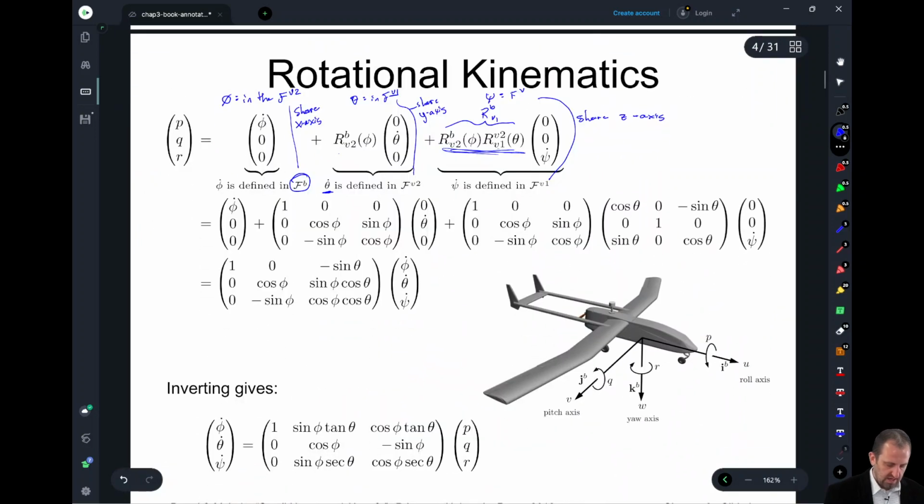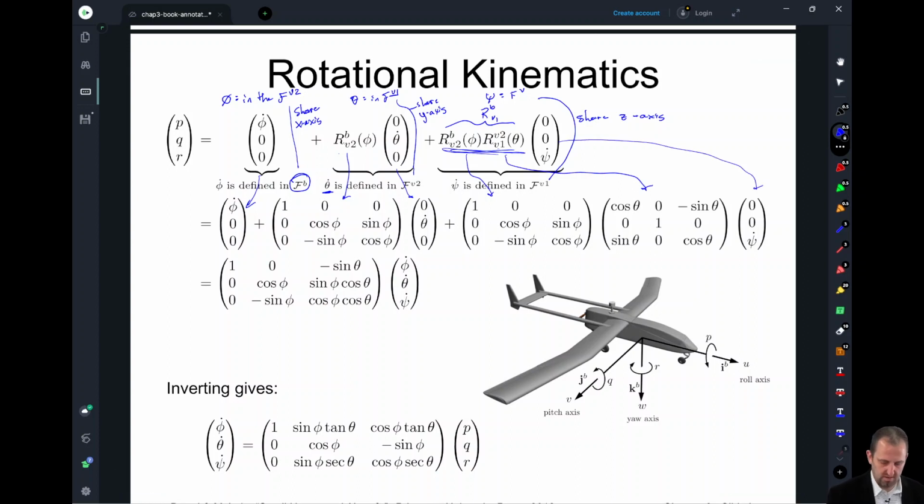Okay, excellent. So now we just put these things all together. Obviously that's just the same as there. Here's our rotation matrix. That guy goes there. Now this rotation matrix is defined there. That one's defined there. And we have our final psi dot.